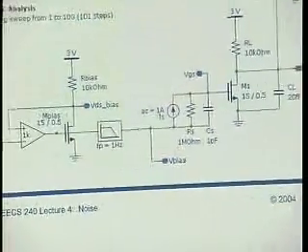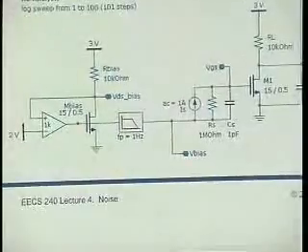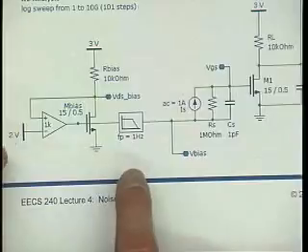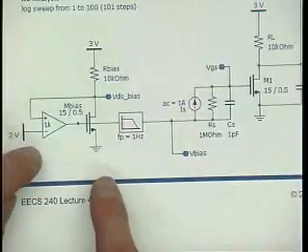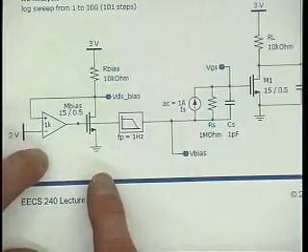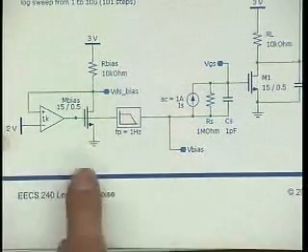A simpler way, that is also insensitive to process variations, is to build a replica circuit that constructs the right biasing voltage, and that's what I've done here.